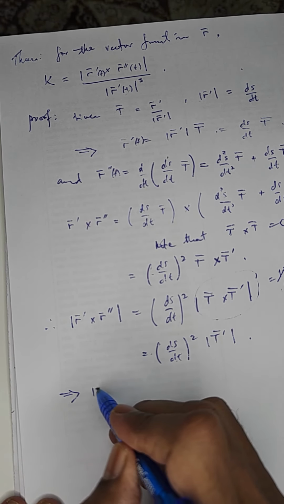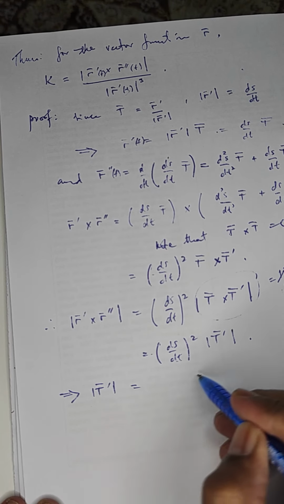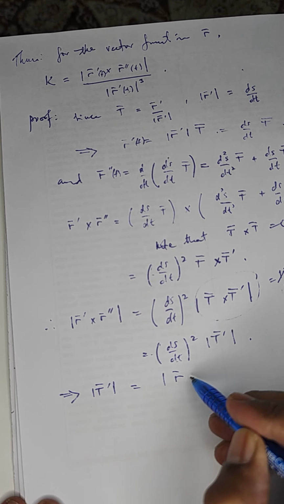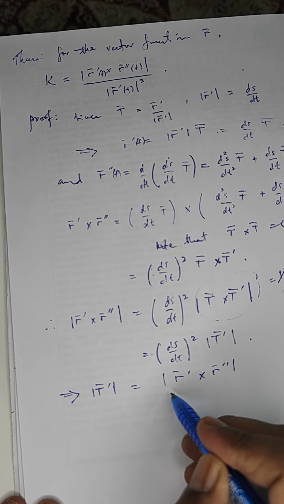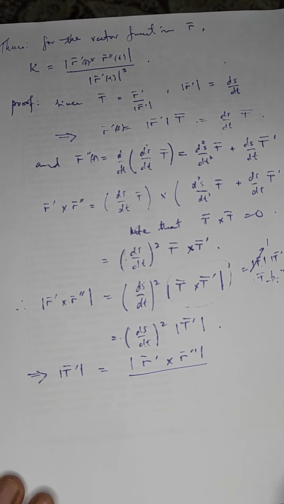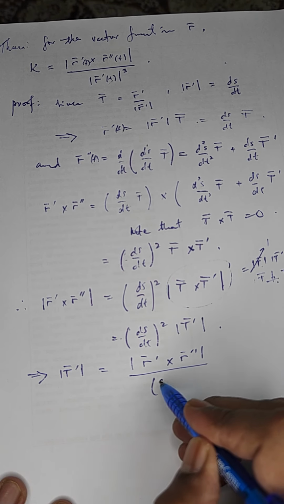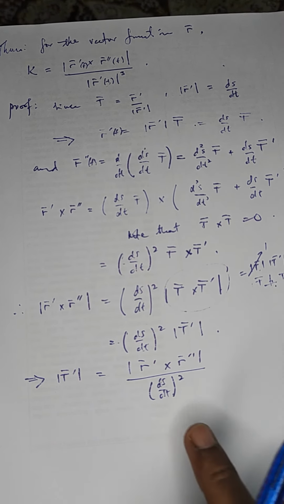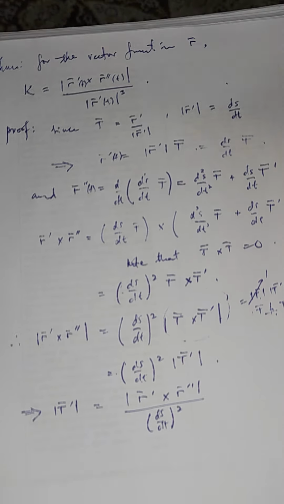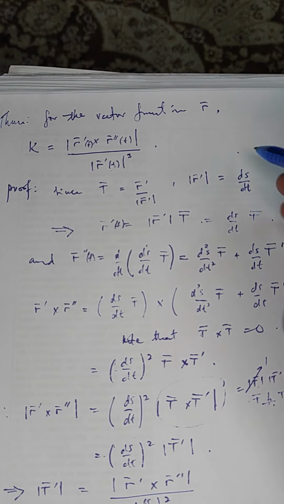So we have magnitude of T prime, this is r prime cross r double prime over those things, right? (ds/dt) squared. And ds/dt is given here. This is ds/dt.